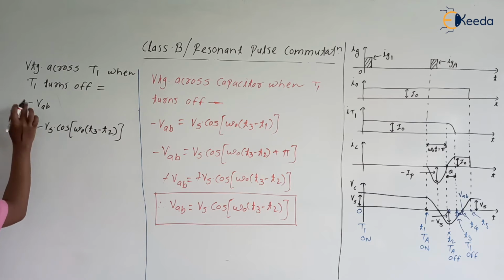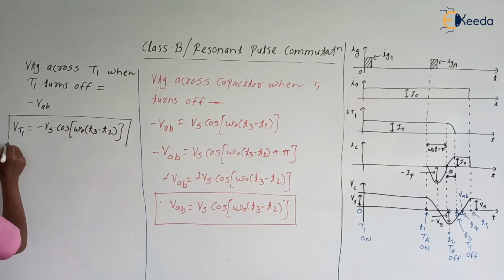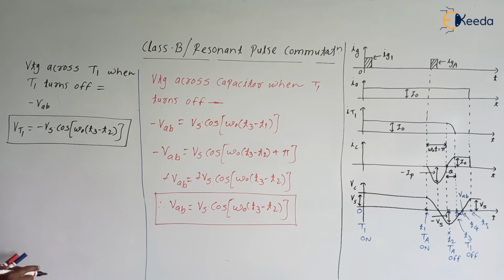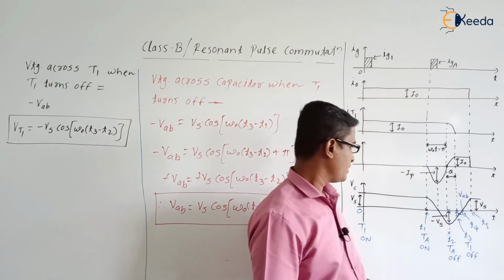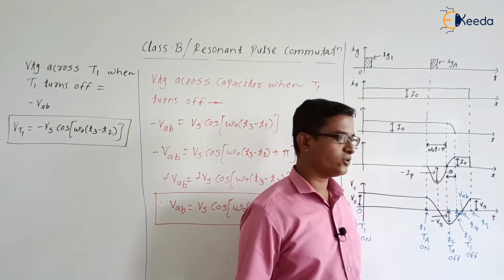This is the voltage across thyristor T1, I am writing it as VT1: minus Vs cos(omega 0 (T3 minus T2)). But what is omega 0 (T3 minus T2)?